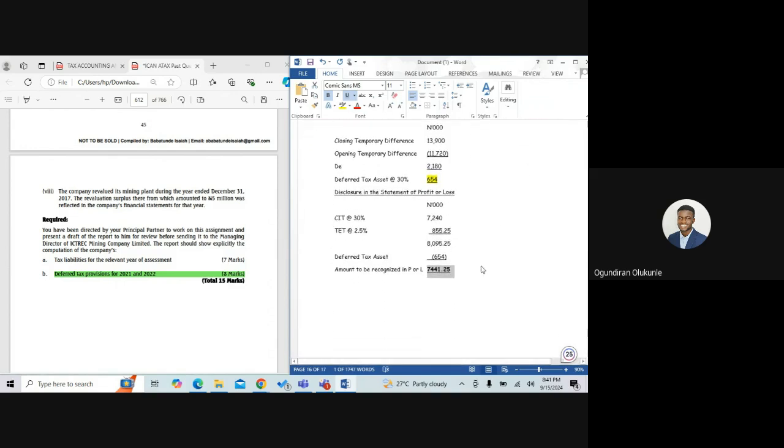So now the next thing you want to do is the amount to be shown in the statement of financial position. So we have unpaid tax at the beginning. How much is that?